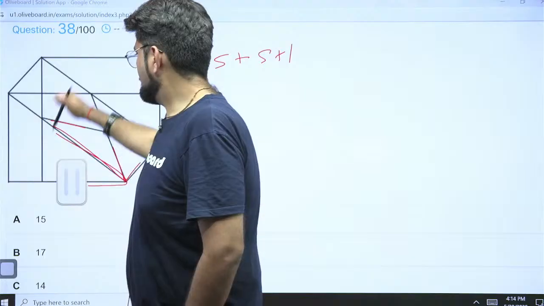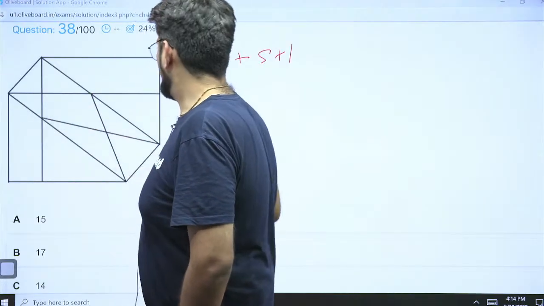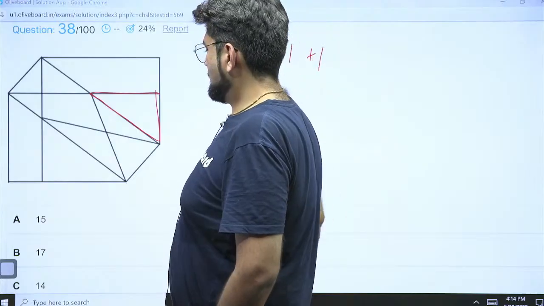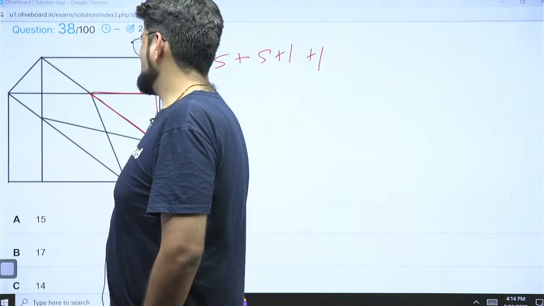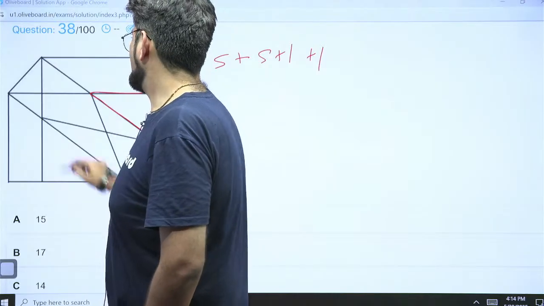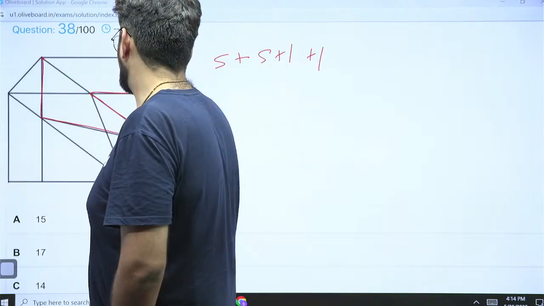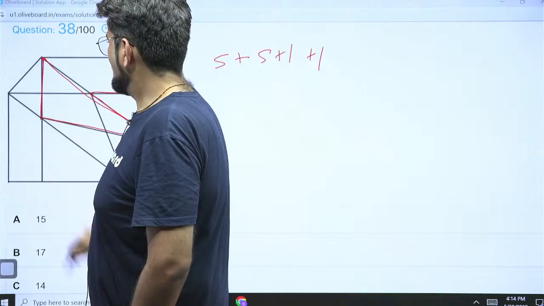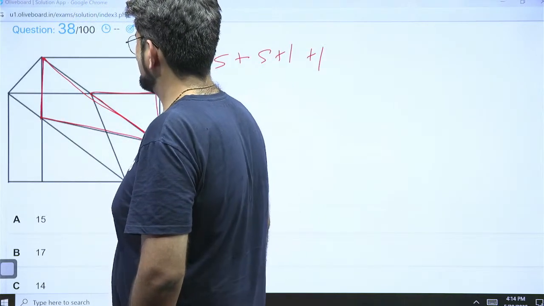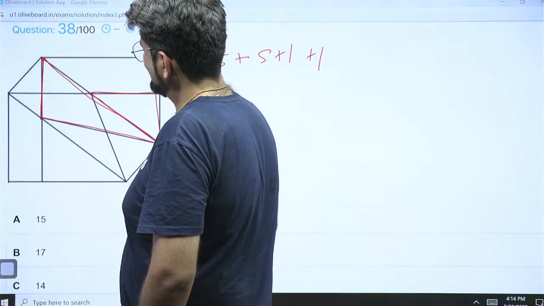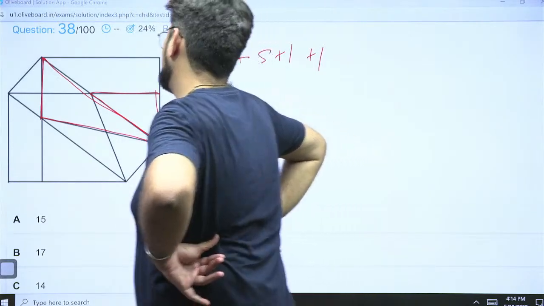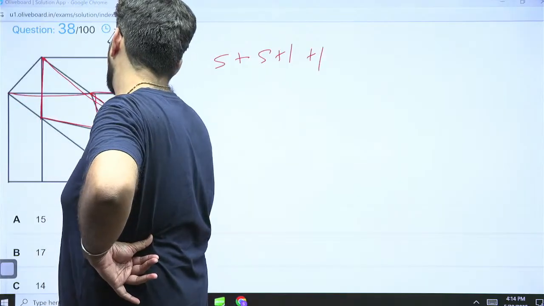Now there have to be combos. This one I did not count, so this 1 triangle. This 1 whole triangle we did not count. Similarly, this 1 whole triangle we did not count.